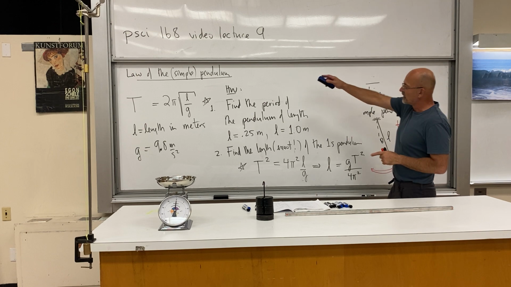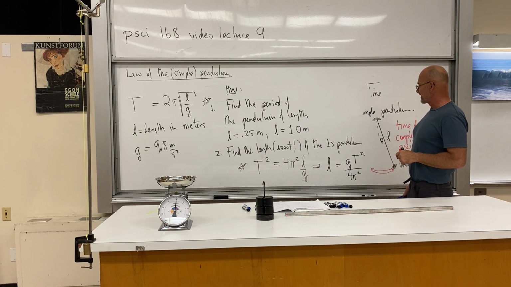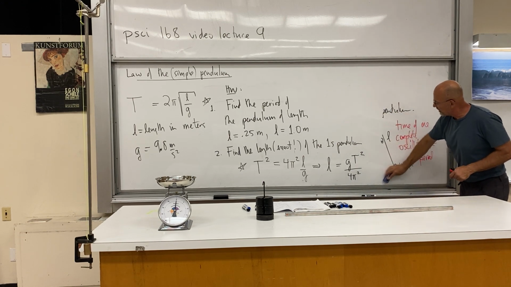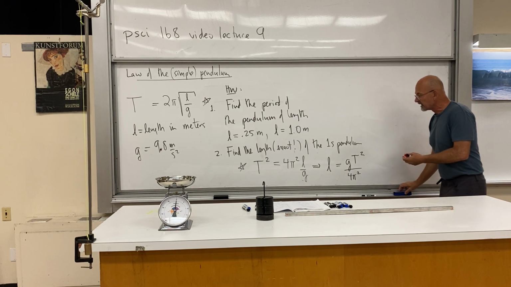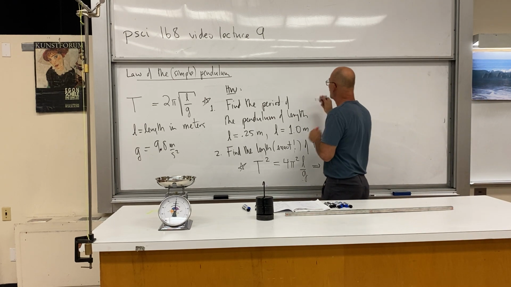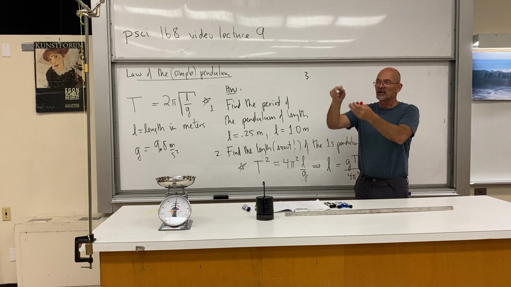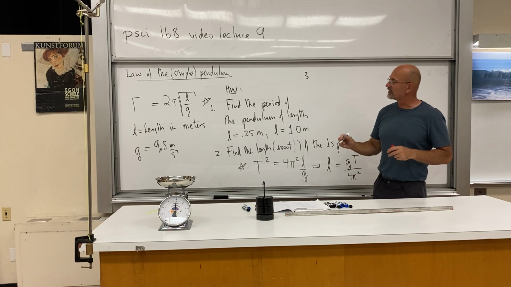Good, so there's the homework. Find the period of the pendulum, find the length, 1 second pendulum, and what I can't control, but I would recommend that you do, is to construct a simple pendulum, hang a string and a mass from somewhere, and test these relations out.